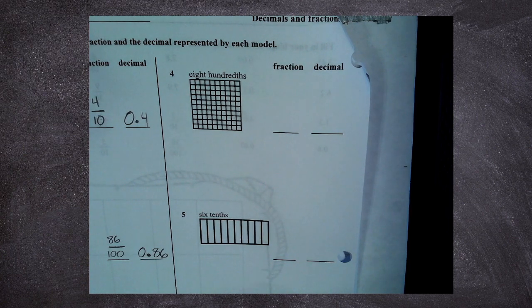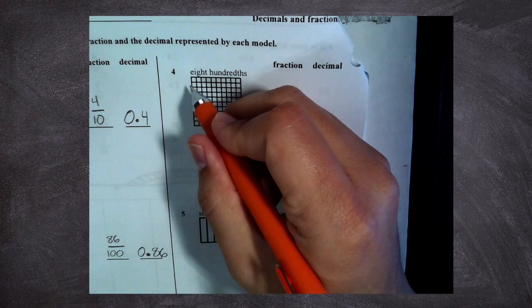Christopher, how many pieces are they asking me to shade in? 8. So I'm going to shade in 8 little squares, and only 8 little squares.